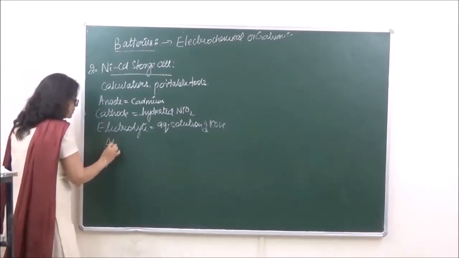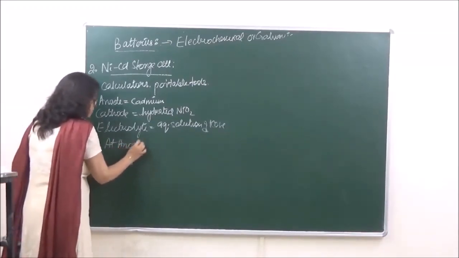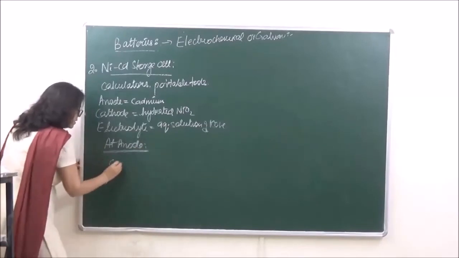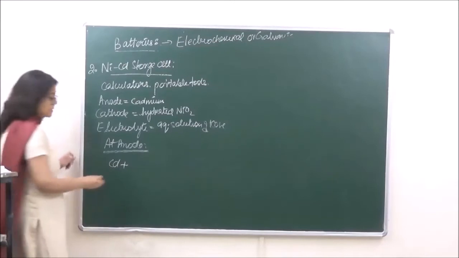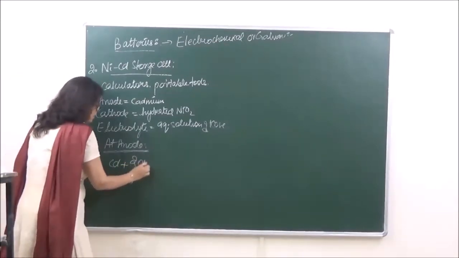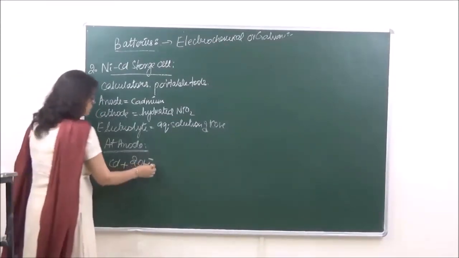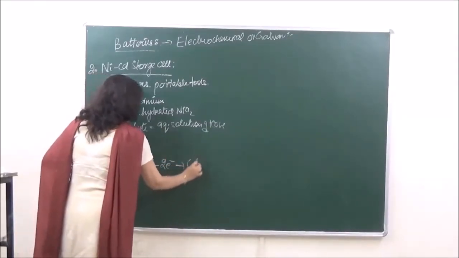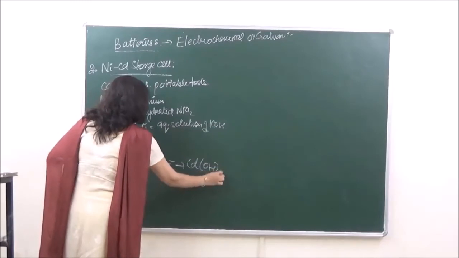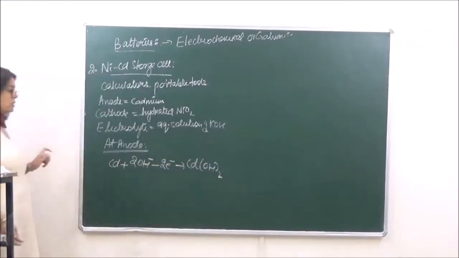At the anode, cadmium reacts with OH- from the electrolyte to give cadmium hydroxide.